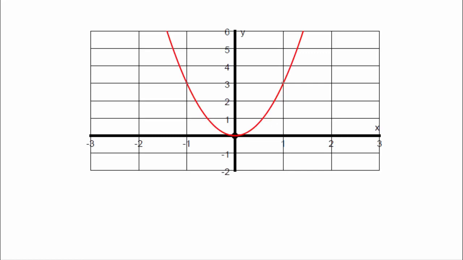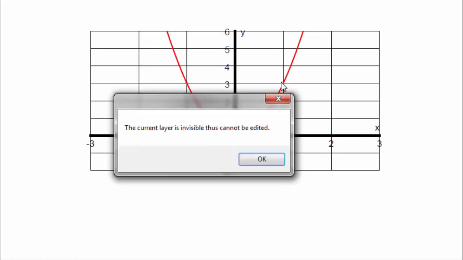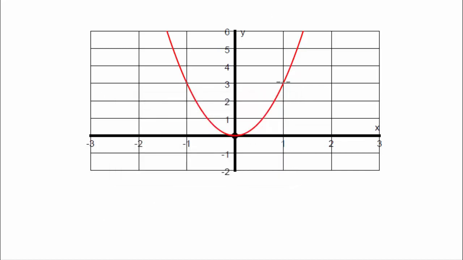In the next question, again they give it to you in a grid, so just highlight a point. Here's a point at 1, 3. Remember, that's your x, that's your y. Again, you use the same equation, y equals kx squared. We want to work out what k is, but for this specific point we know what y is and what x is.